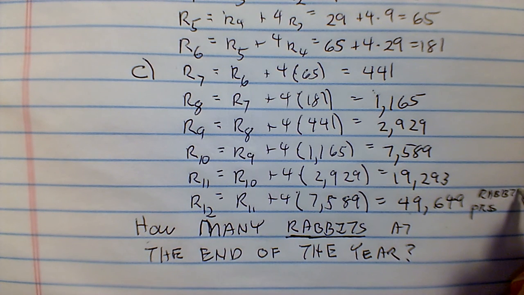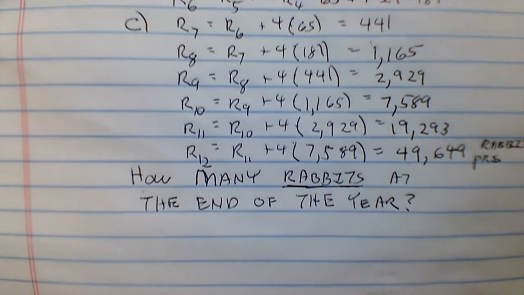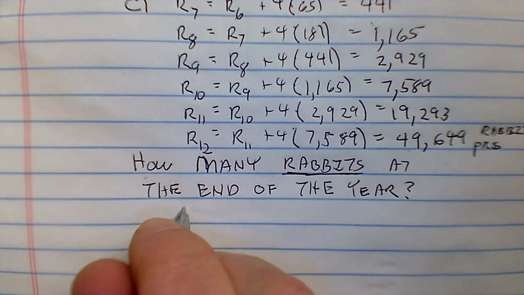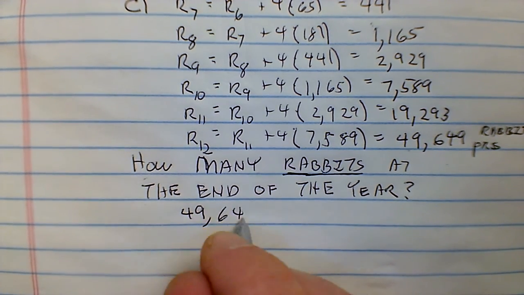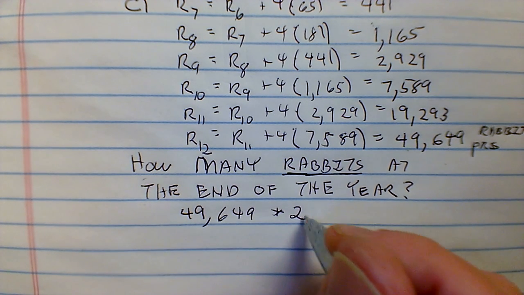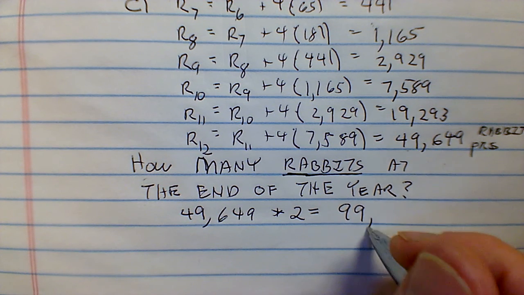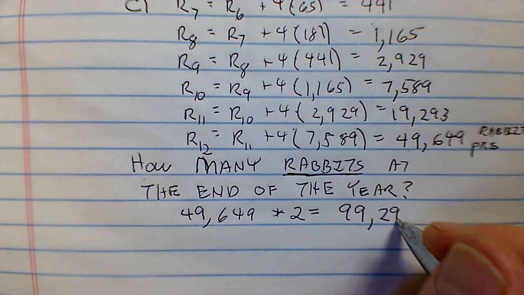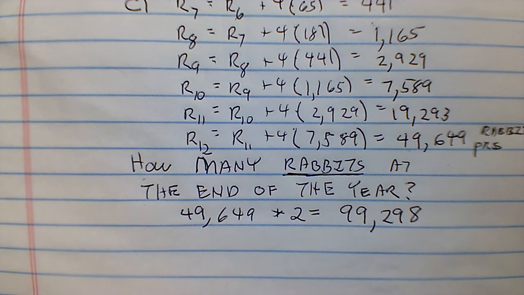So it's almost like a trick question, but it's a classic question to ask with these things. Because what you have to do then is to take that final number, multiply it by 2 to get that you actually have over 99,000 rabbits at the end of the year, which kind of matches what I think I see is going on in my yard.